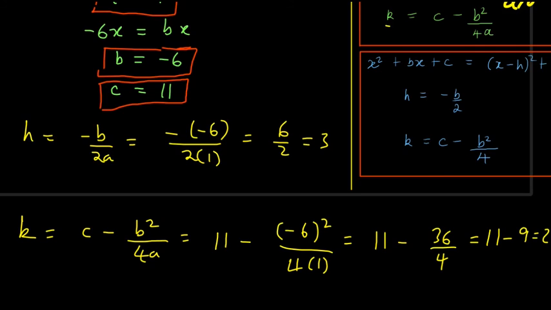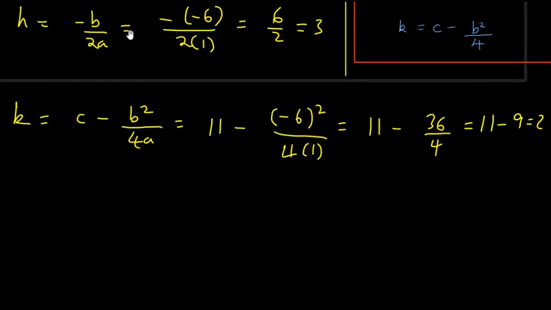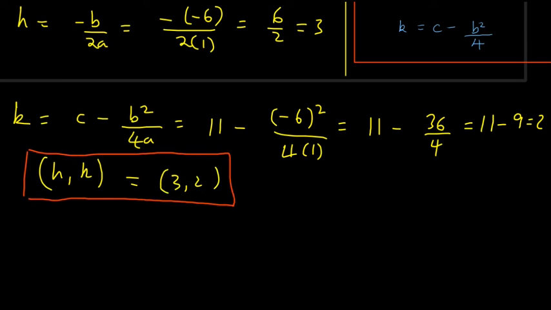I think it's correct. So we have our h and k to be, sorry, it's 3, 2. This is our h and k.